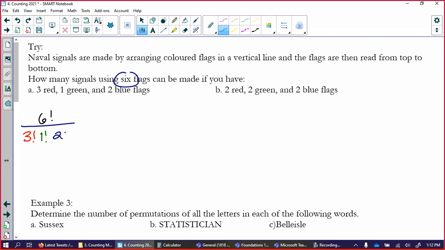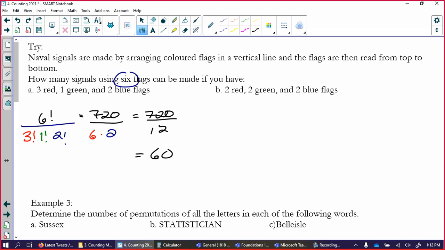And there's 2 blue flags. 6 factorial was 720. This is 6. This is 2. So with that combination, there's 60 different characters or words or whatever that can be made.